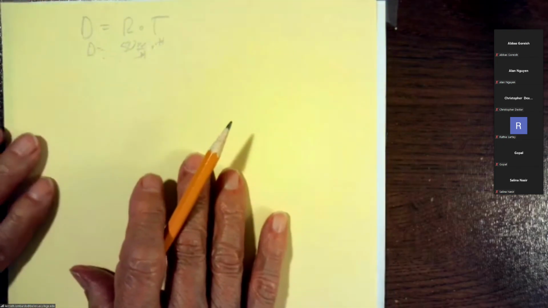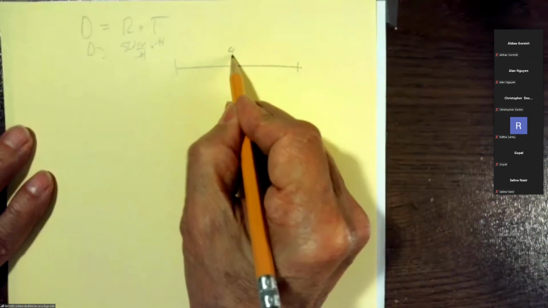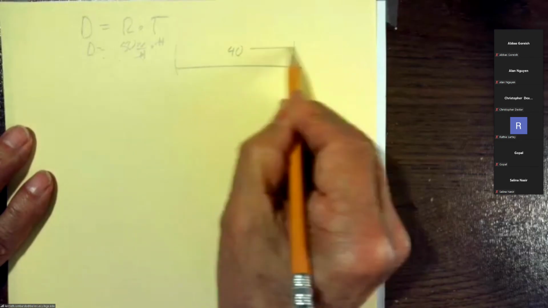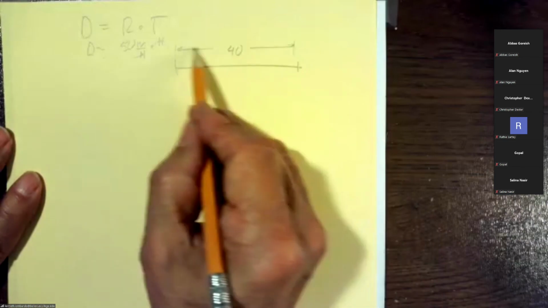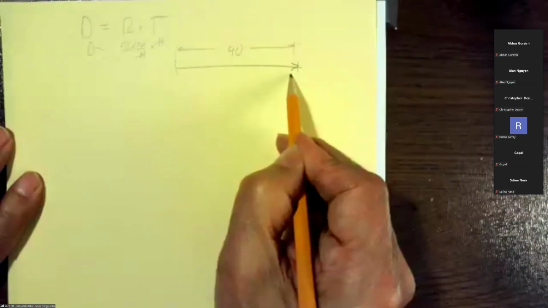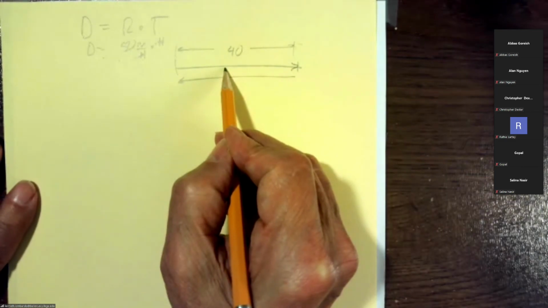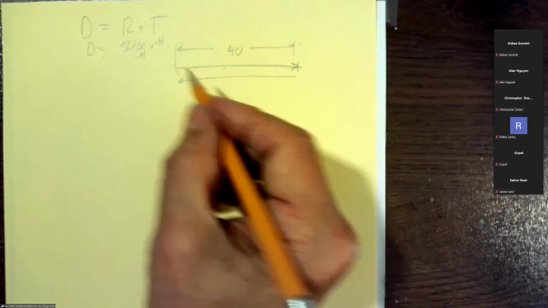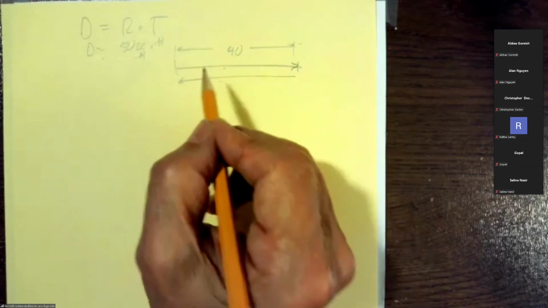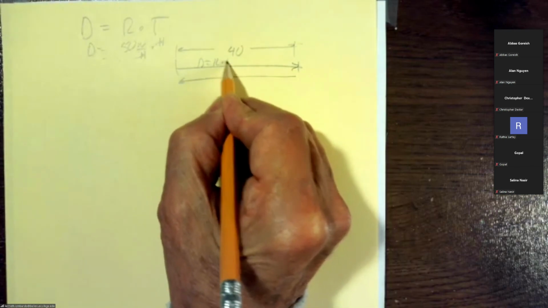And if you drive, let's say, 40 miles, say this distance is 40, and you drive over and back. On this direction, distance equals rate times time.